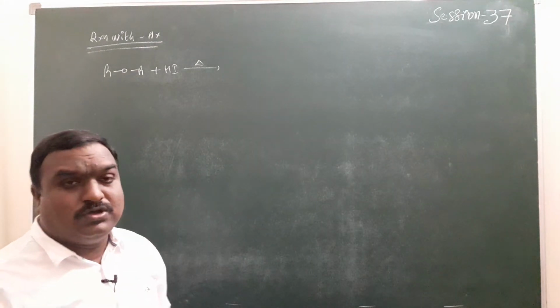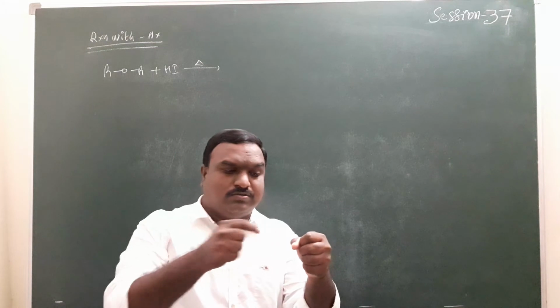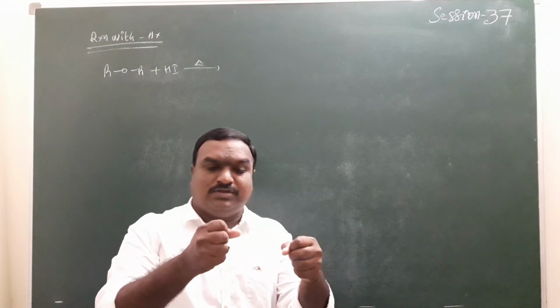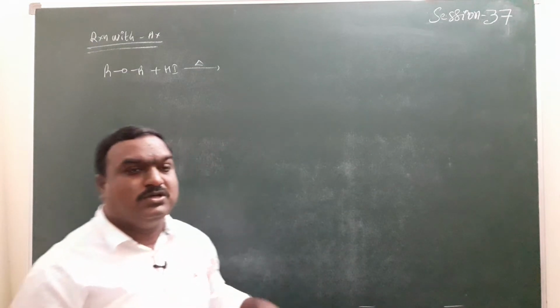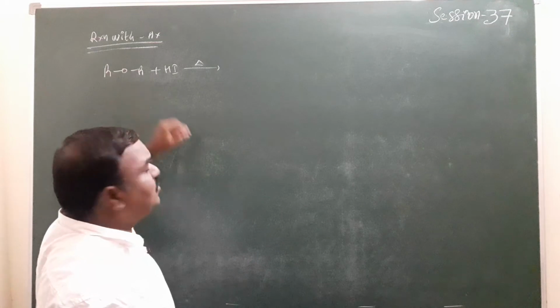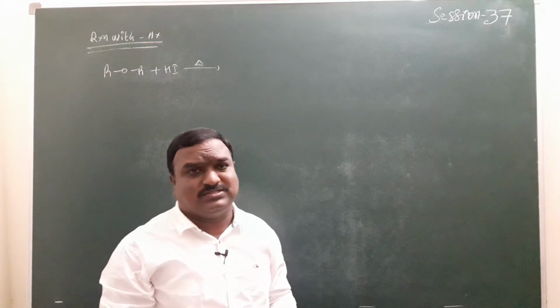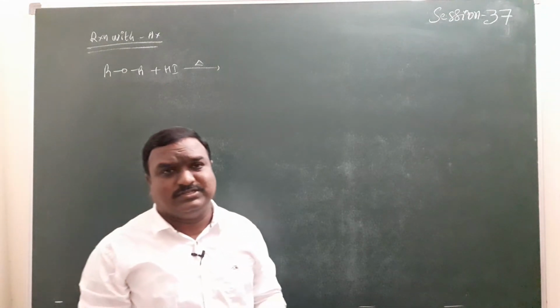When the carbon-oxygen bond undergoes cleavage, since oxygen's electronegativity is more, the bond electrons migrate towards oxygen. Then oxygen acts as a nucleophile in this case. That means it is one type of nucleophilic substitution reaction.